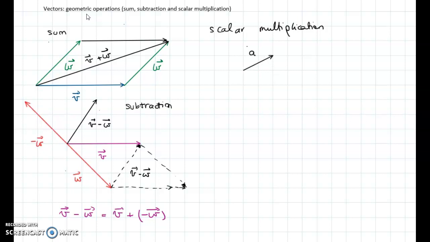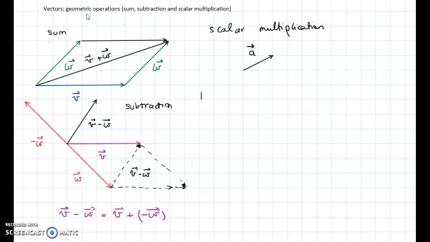That's my vector a over here. And I would like to multiply it by a scalar. So the result ka, let's say that k is not 0, is going to be parallel to a. Its magnitude is going to depend on the absolute value of k, and it will point in the same direction as a if k is positive, and in the opposite one if k is negative.